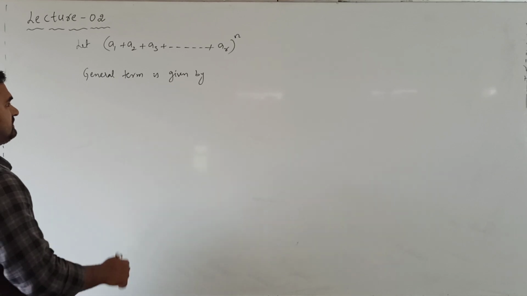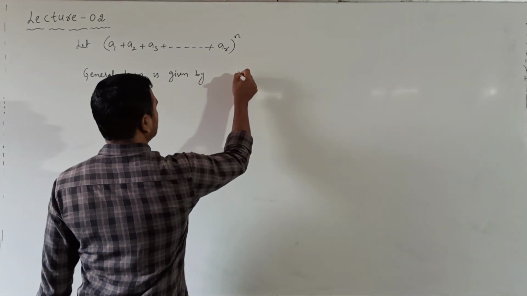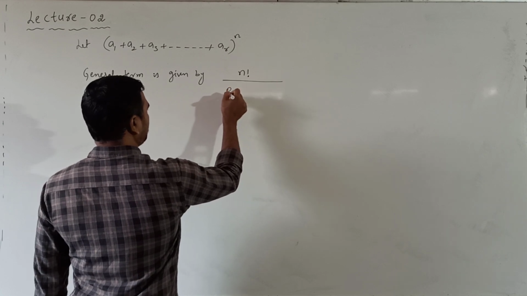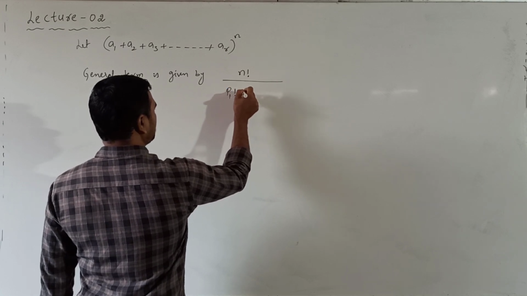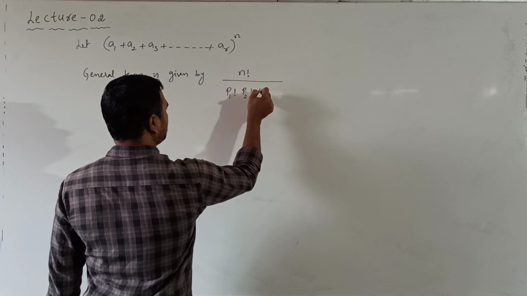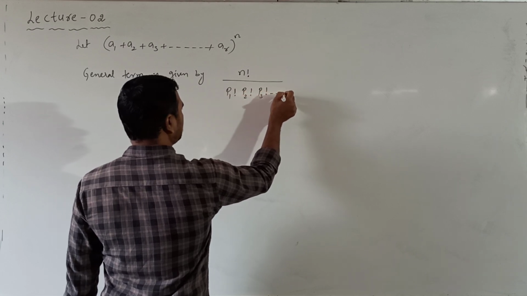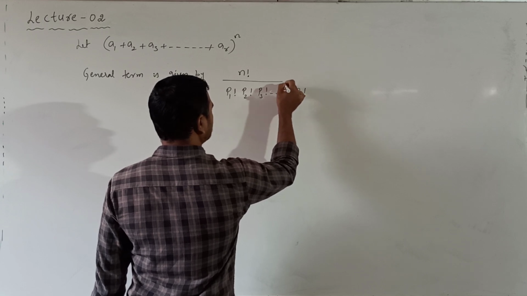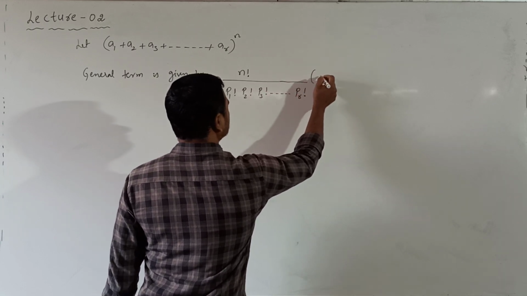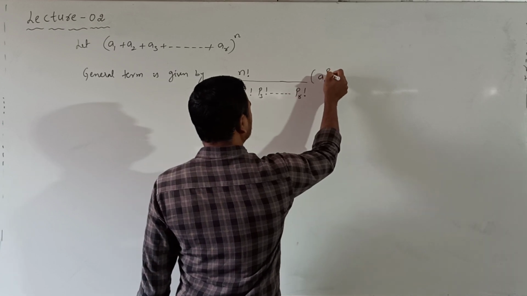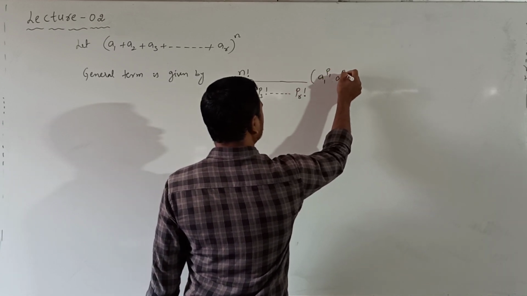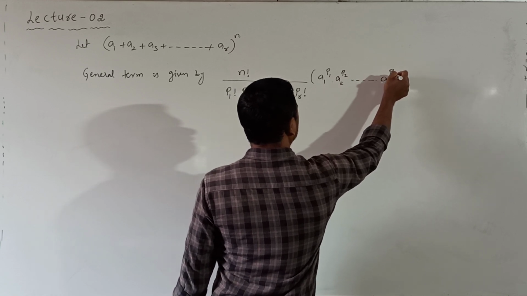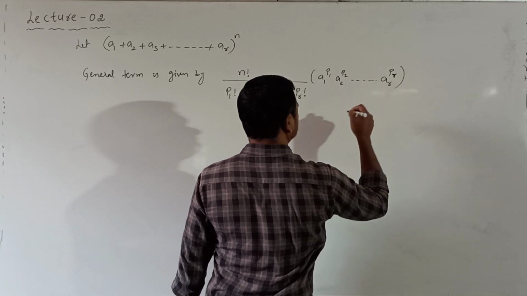n factorial divided by p1 factorial into p2 factorial into p3 factorial and so on up to pr factorial, into a1 power p1, a2 power p2 and so on up to ar power pr.